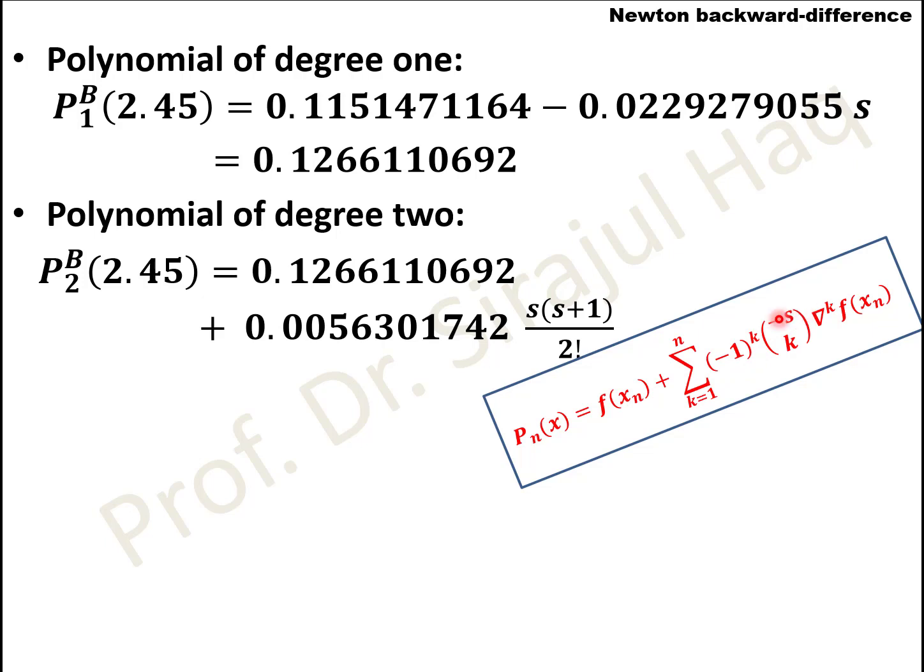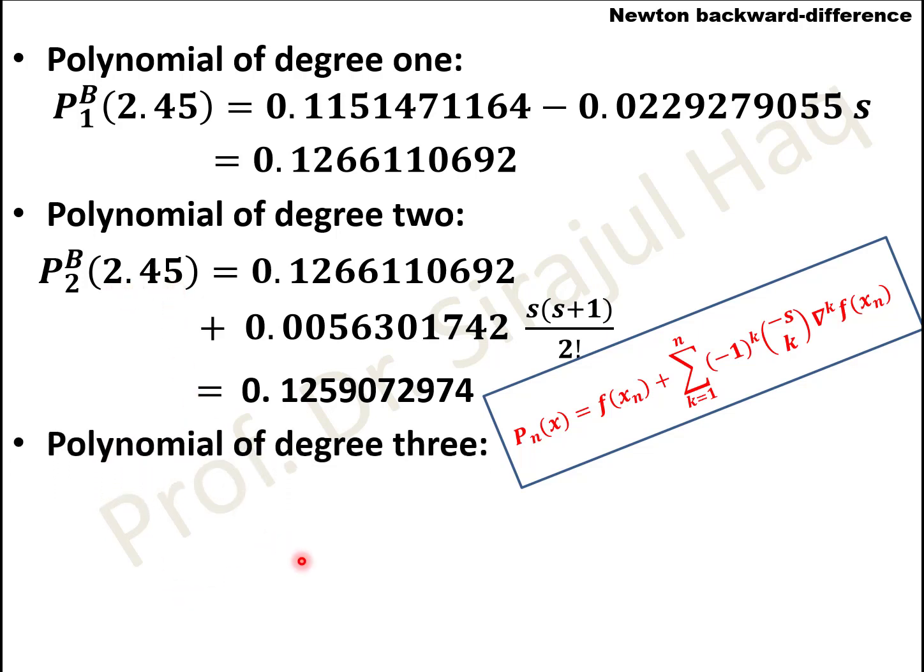If I take the minus sign common, I will get s into s plus 1, and minus and minus will become plus, divided by 2 factorial. This value is ∇² f(x5). And when you again replace the value of s, you get the approximated value of the function using polynomial of degree 2 at x is equal to 2.45.